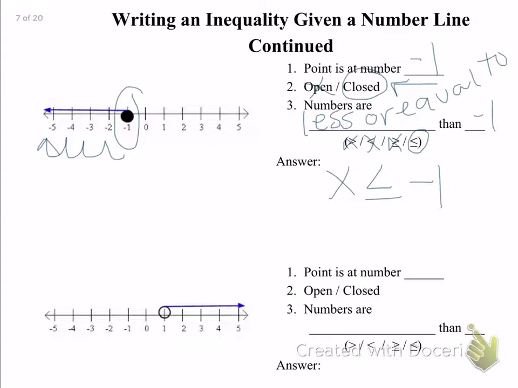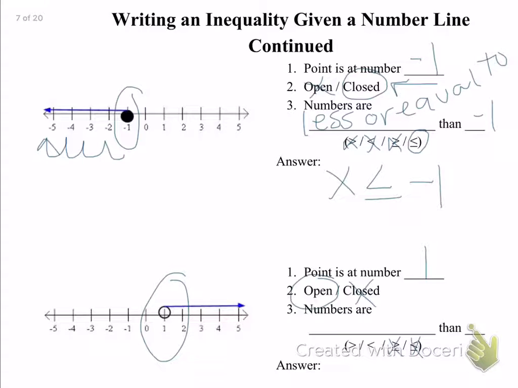Our next example: we have to figure out which number the point is at, because that lets us know which number we have to use for the inequality. On the number line, our point is at 1, and it is an open circle. It's not colored in, so you can cross out the closed one and the equal to inequalities.